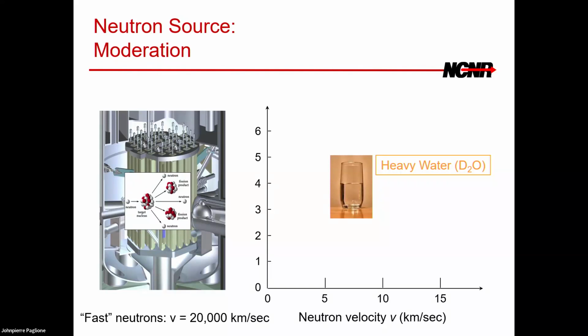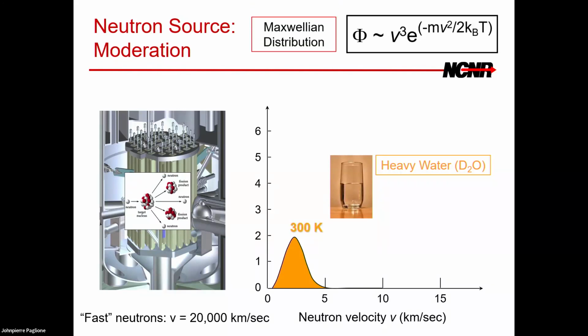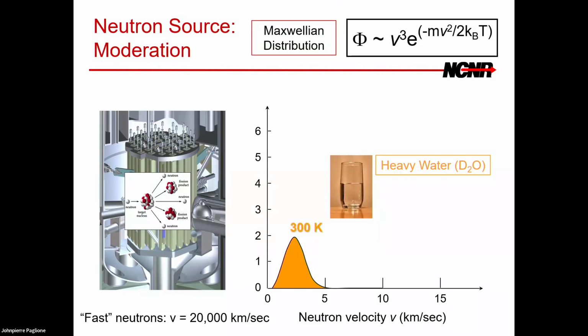Oak Ridge uses beryllium, some light element, in order to have the maximum amount of energy transferred in collisions. So then if you look at the neutron velocity here, you will have a Maxwell distribution of neutrons, roughly centered about 300 Kelvin.